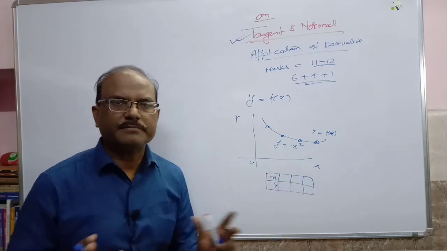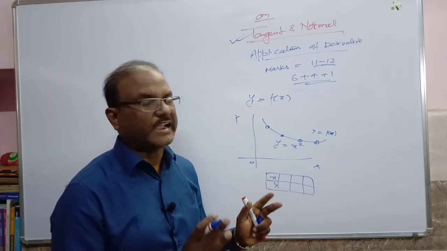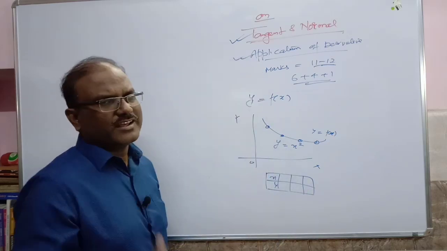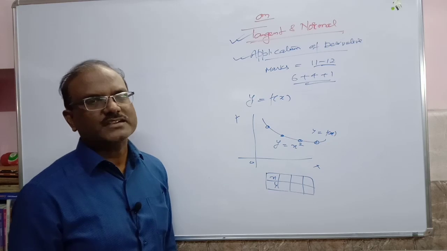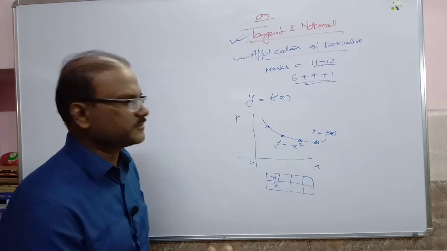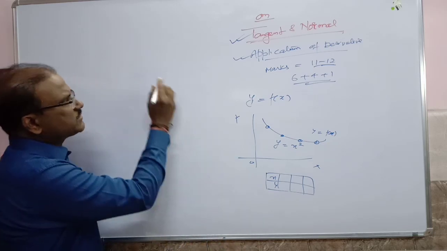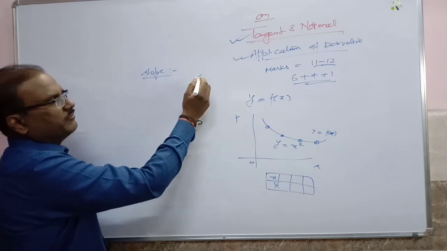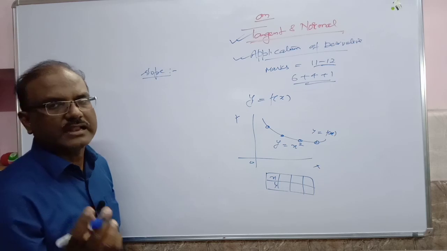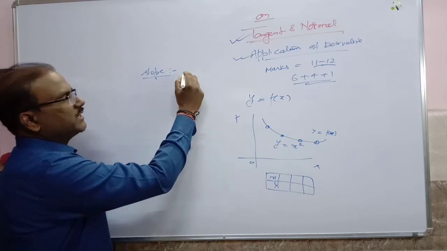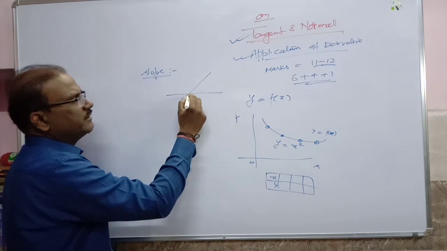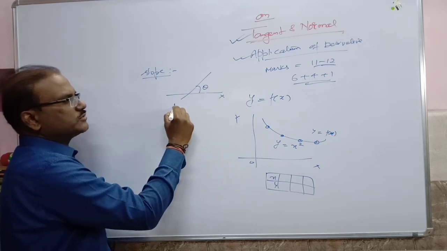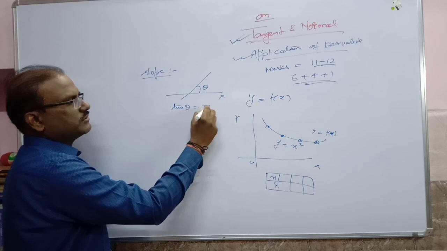Chapter 6 is entirely based on a function, on a curve and its understanding. Tangent and normal give you a very nice explanation of curves and their relevant concepts. Now, what is slope? While we come to the slope, we must have read in the 11th class that slope means the angle that any line makes with the x-axis. We learned to call it slope. tan theta is equal to m.